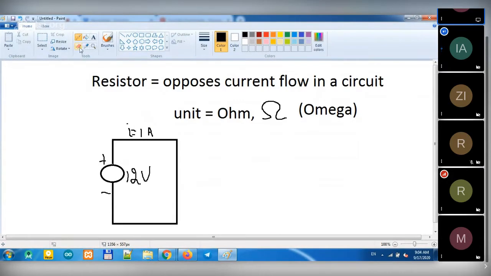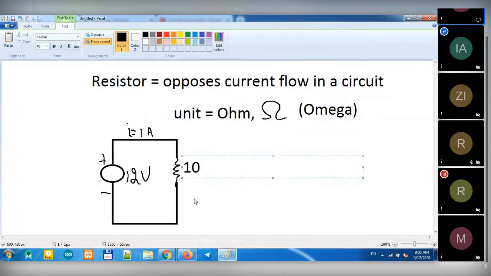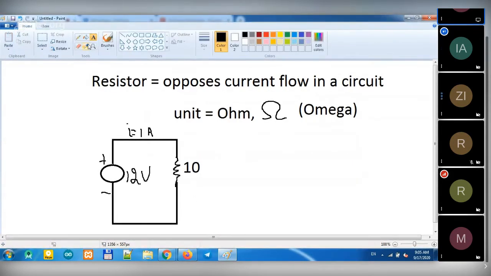Let's say here we have a resistor of 10 ohm.